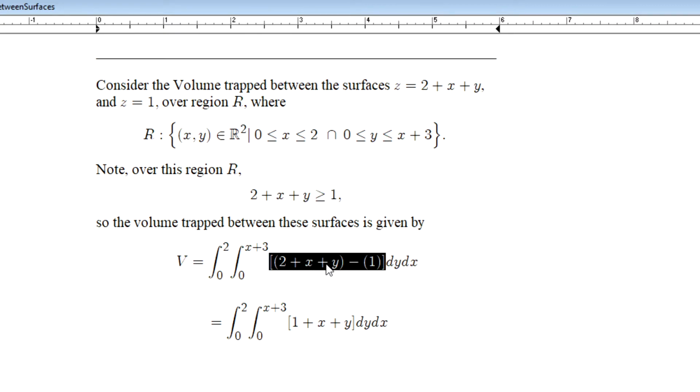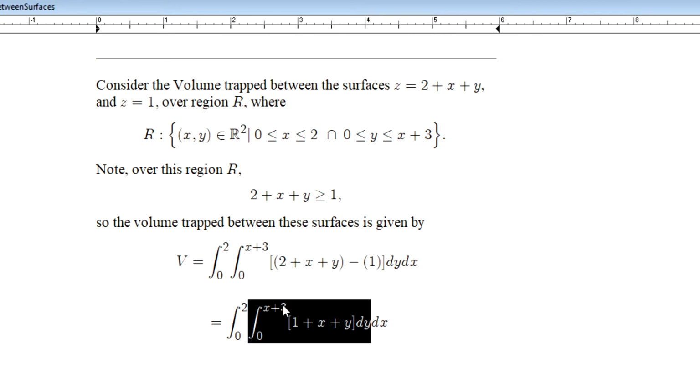Now, starting with our integrand, if we simplify it, this is really just 2 plus x plus y minus 1, which is 1 plus x plus y. I am going to integrate that from 0 to x plus 3 with respect to y.